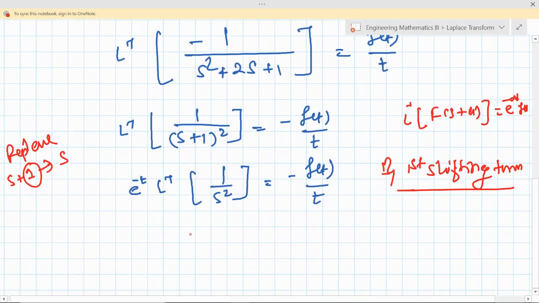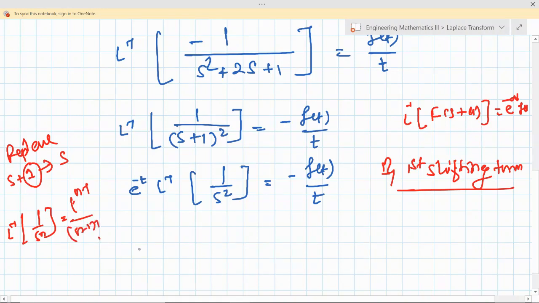What is the inverse Laplace of 1 upon s raised to n? It is nothing but t raised to n minus 1 divided by (n minus 1) factorial.